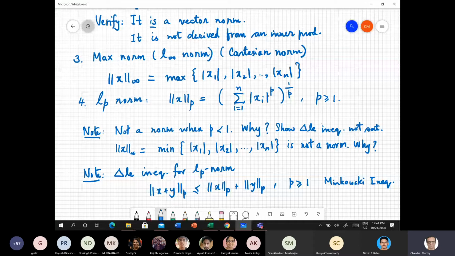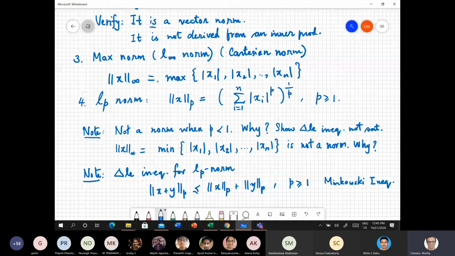As p tends to infinity, the value of this sum will be equal to the magnitude of the largest entry of x raised to the power p, and then I'm taking it to the power 1 over p. So this leads to the largest entry in magnitude in x as the LP norm as p tends to infinity. And that's the reason for this notation, norm x infinity equals the maximum of these entries.